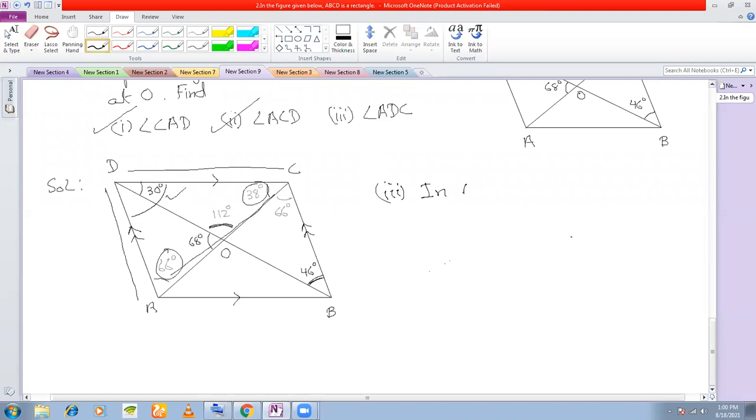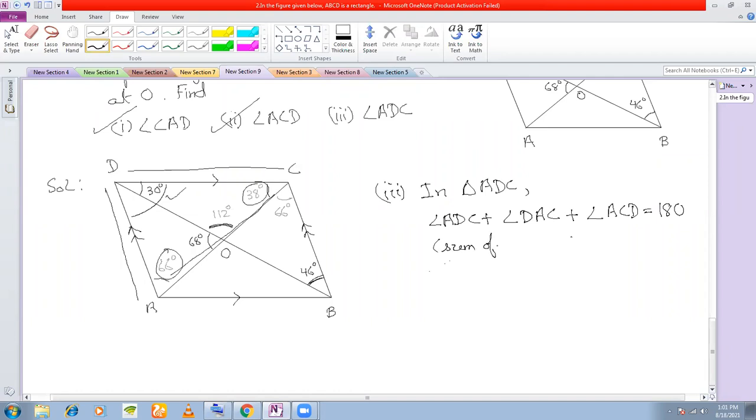In triangle ADC, angle ADC, which we need to find, plus angle DAB or DAC, sorry, which is your 66 degree angle, plus angle ACD, which is your 38 degree angle that we have found, is equal to 180.